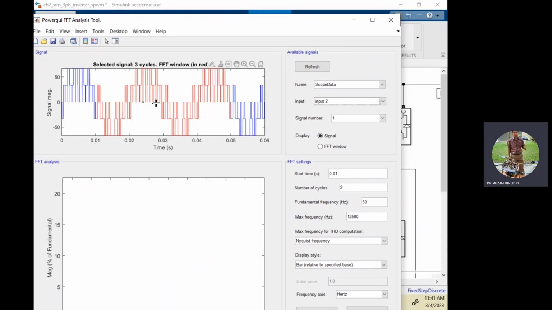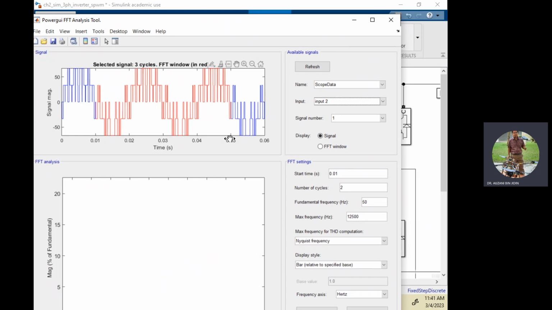So then you can see 1 and 2 until 0.05. Remember the fundamental frequency, the frequency of the modulating signal, I set 50 Hz. So your period will be, what is the period?